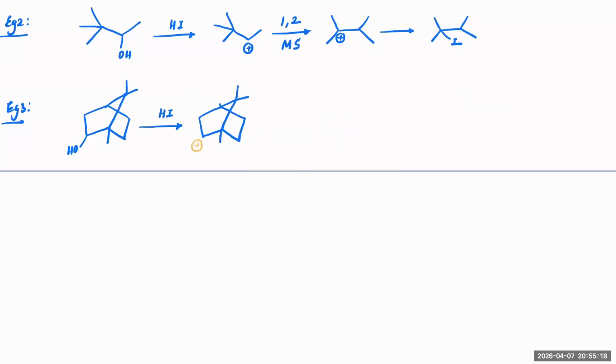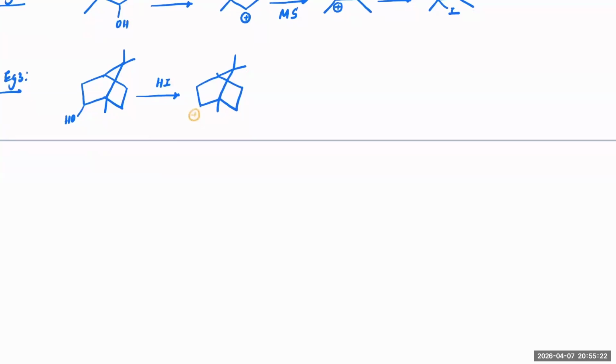Now we can't do that. Let me tell you the reason why. Because this is not the first carbon, it is on the second carbon. The rearrangement will always happen from the first carbon onwards. Got it? But this methyl I can't shift because at a bridge position it will be a highly unstable form. So in that case this is wrong.